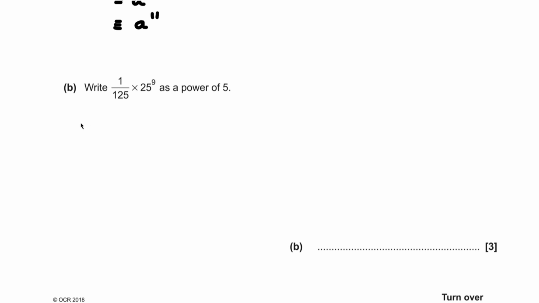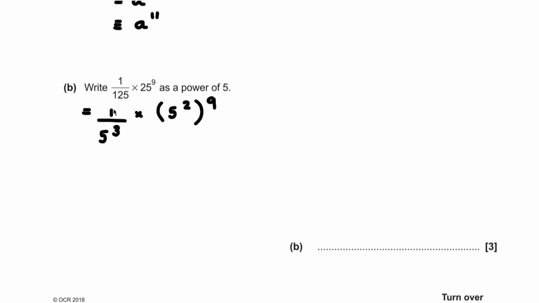So what we have here is 1 over, now here we've got 125, which is the same as 5 cubed, and then I multiply this by 25 to the 9. Now 25 is the same as 5 squared, and then I raise this to the power of 9.